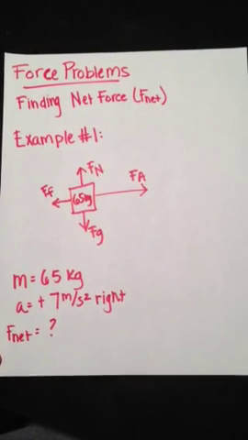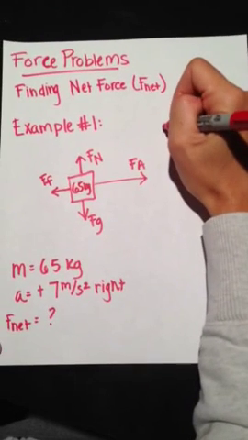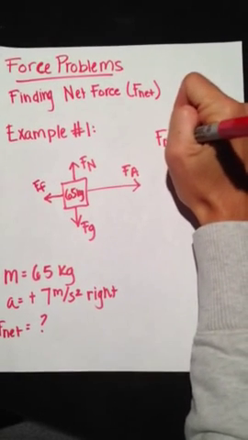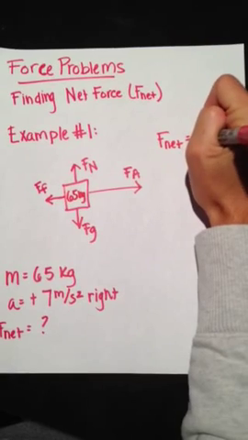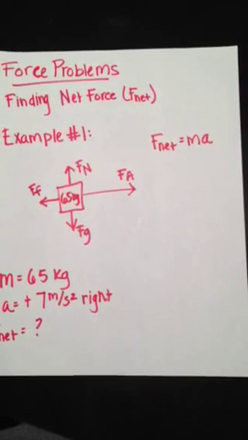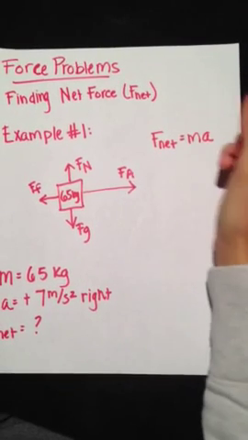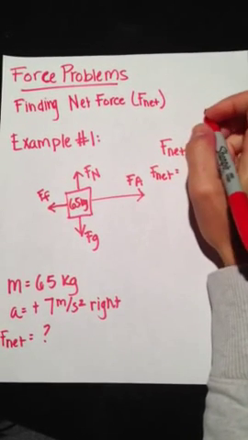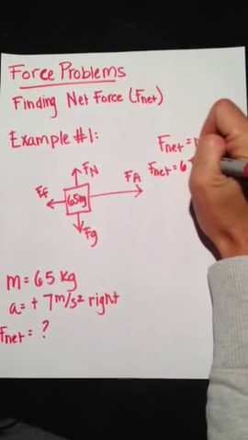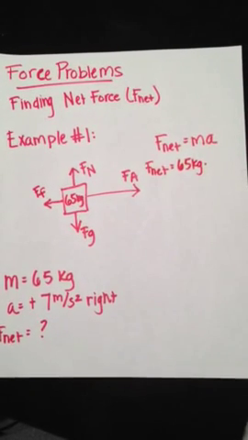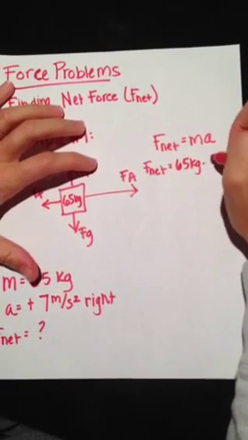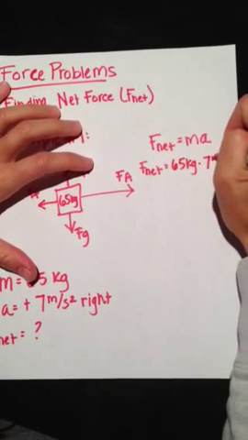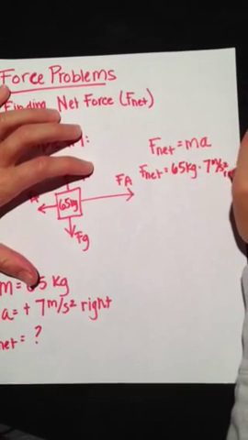So as of right now, we have enough information, and we know Newton's second law is F net equals mass times acceleration. So if we plug in our information, we have F net, which is our net force, equals mass, which is 65 kilograms, times positive 7 meters per second squared to the right.